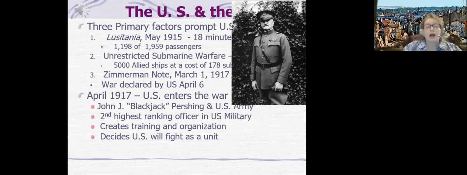But to do that, he's going to have to create the army. The ranks, we have something of that, but not any kind of modern thing. It's been a while since we did this in any sort of organized fashion. We don't have any kind of training program. We don't have any kind of standardization of units, and he creates this out of whole cloth.